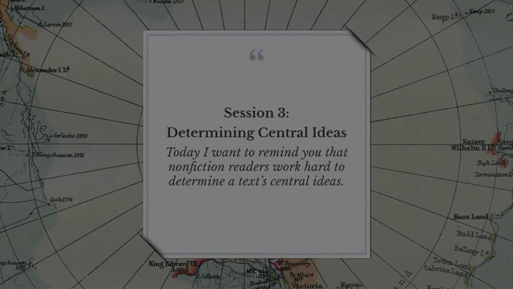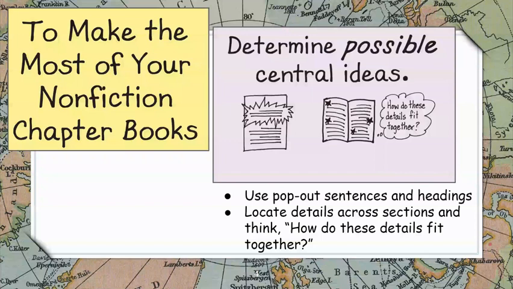Some strategies we can use to determine possible central ideas are to use pop-out sentences, use the headings, think about what the topic is and what the main idea of this topic is. Then maybe look across sections and find details, and always ask yourself, how do these details fit together? What is their central idea?